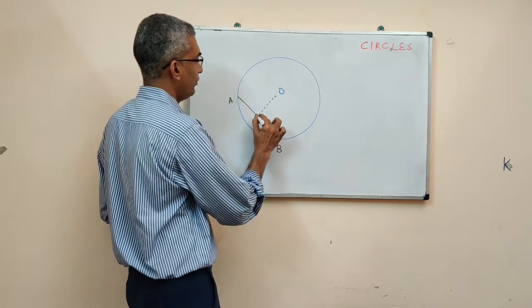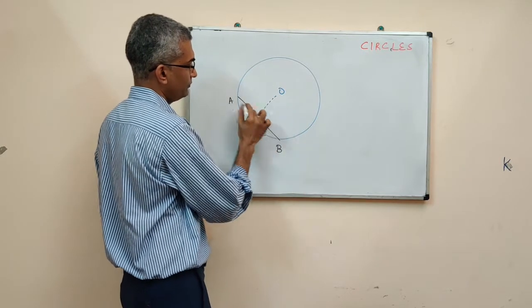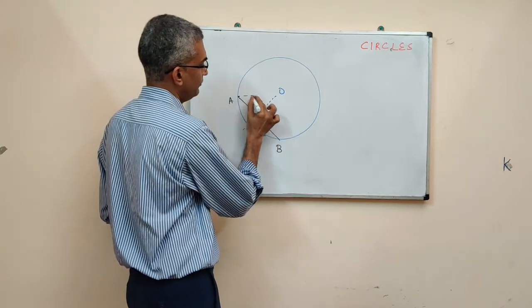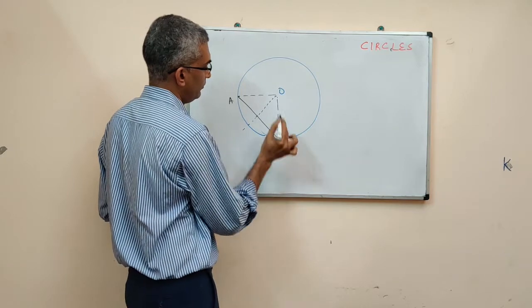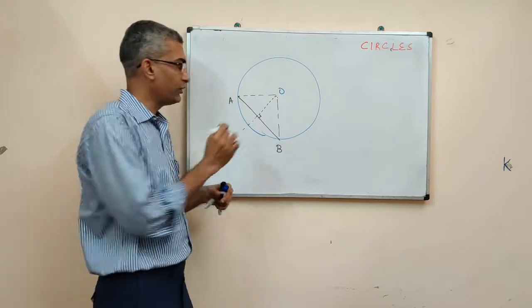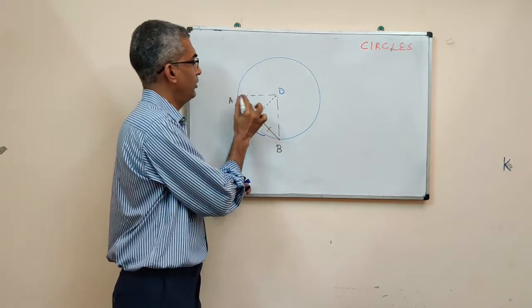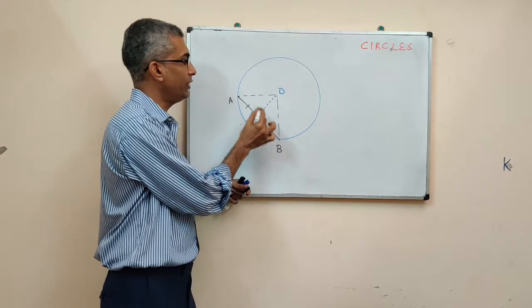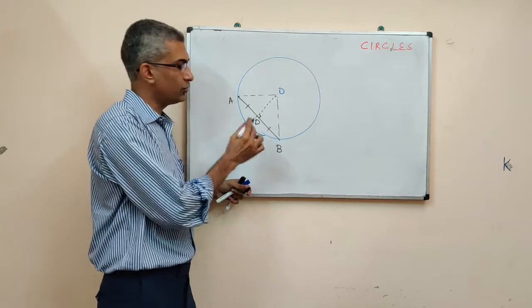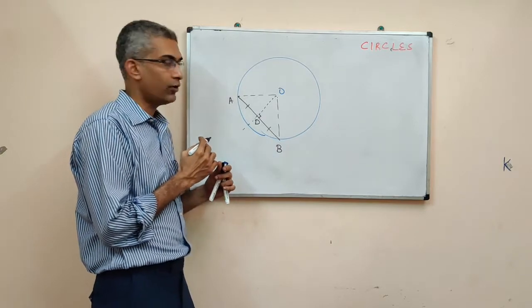I draw the radius perpendicular to this chord, that will bisect the chord. That means AD and BD will be same. This is an important property of chord which we will use when we do a few problems in circles.